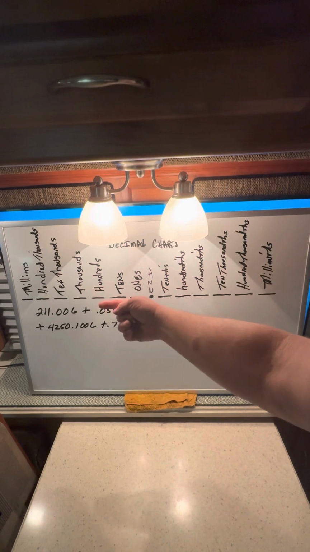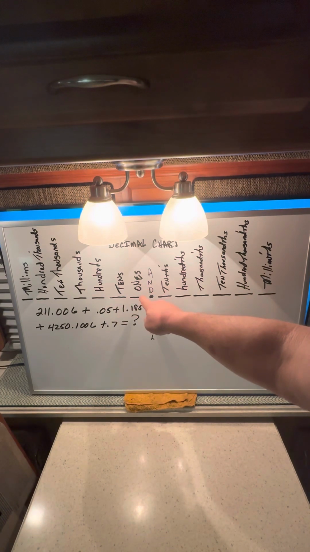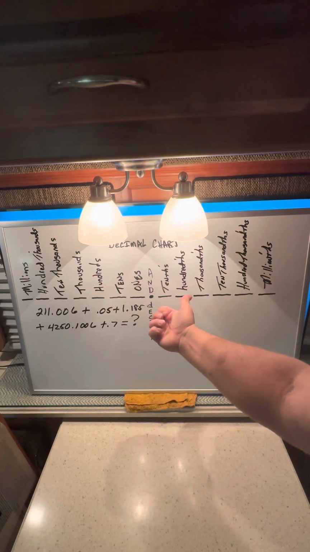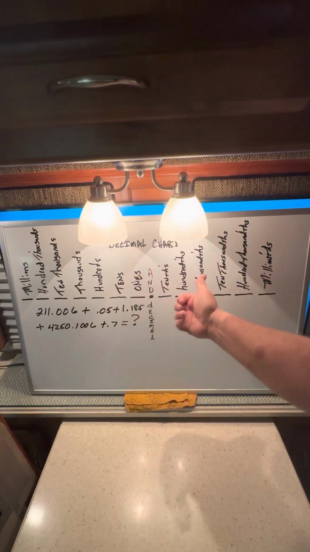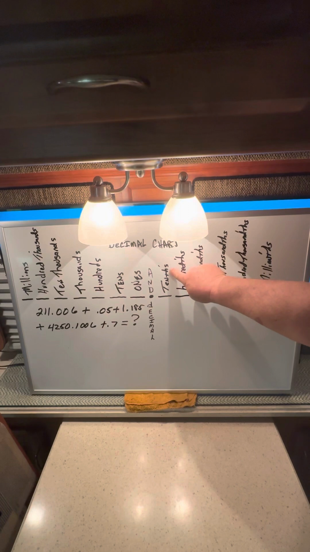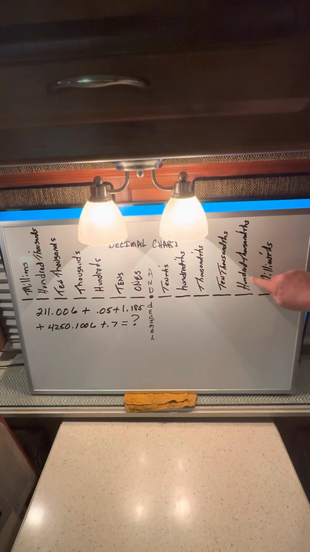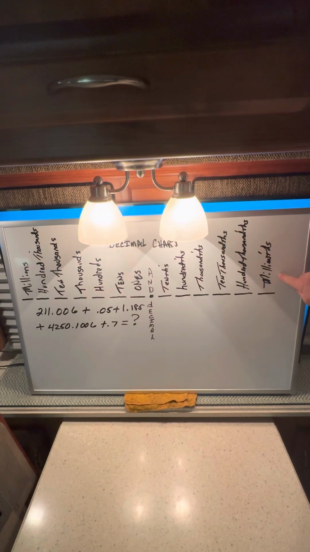To the left is more than one, a whole, a solid, a dollar. To the right is less than one. That's why they end in THS: tenths, hundredths, thousandths, ten-thousandths, hundred-thousandths, millionths.